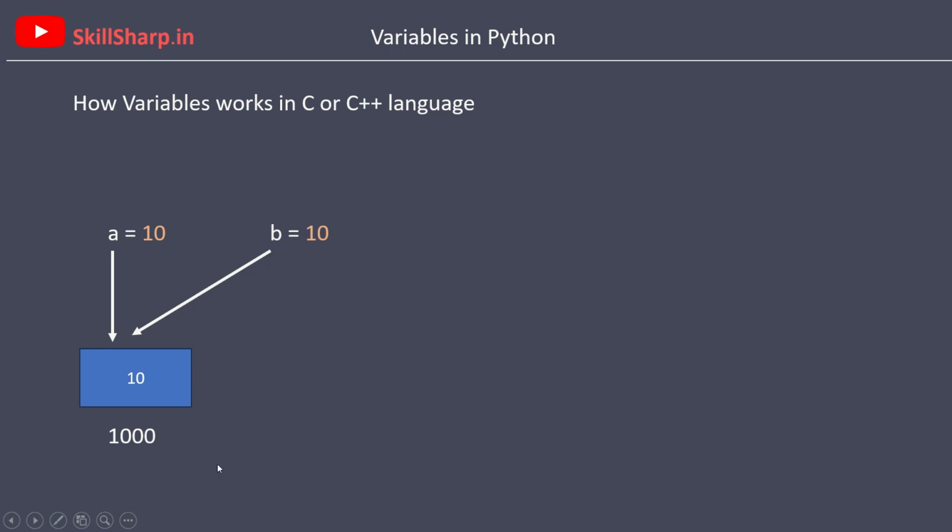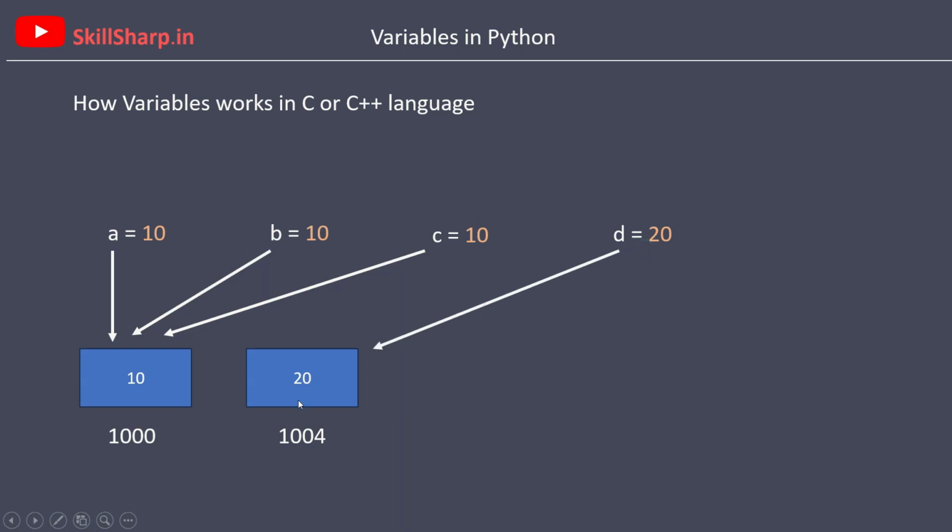Obviously, if we create a variable c with the value 10, it's also tagged to this. If we create a variable d = 20, it will create another value in another memory location, store the value 20 there, and tag d to that address.